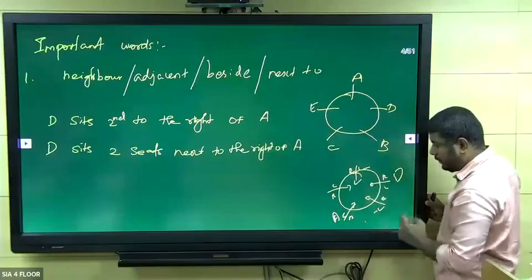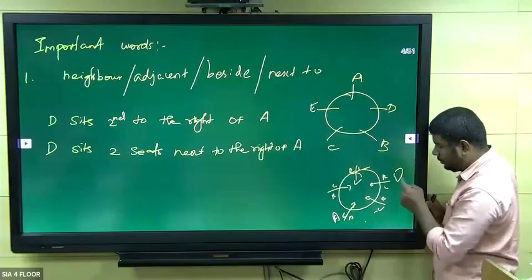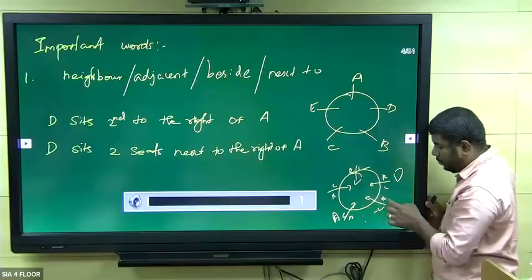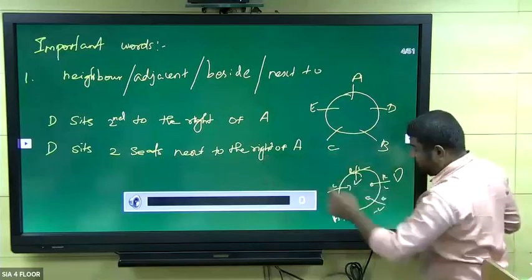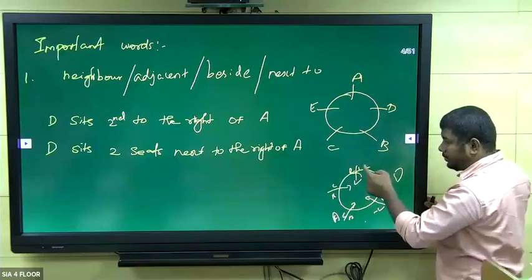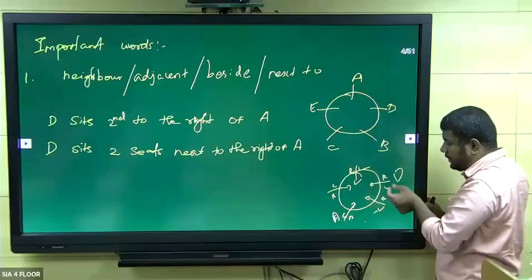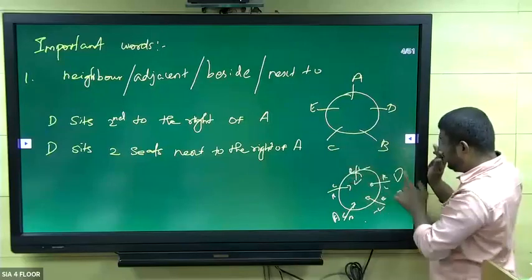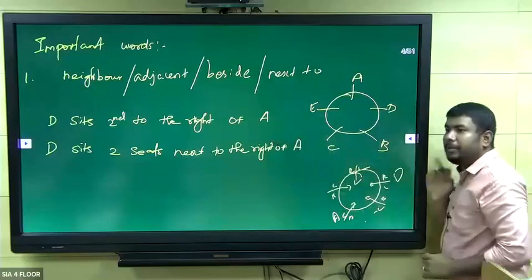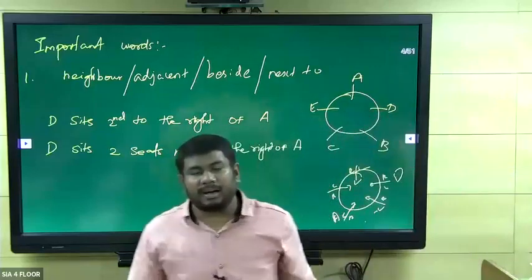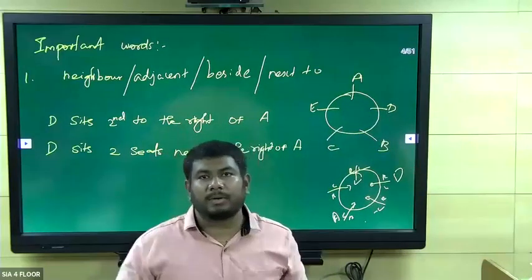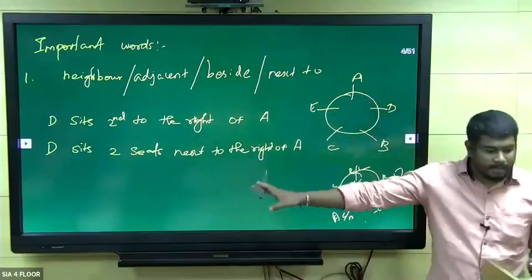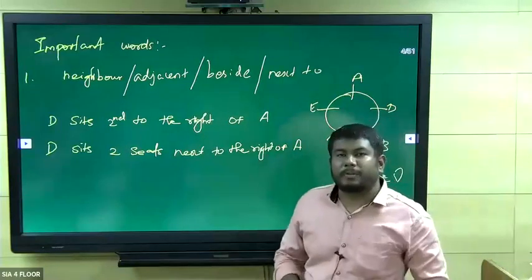Previously, D sat second to the right of A, so we took A here, and 1, 2, second to the right of A. Now, D sits two seats next to the right of A, so 1, 2. D should not come here, D should come here. Both refer to the same meaning. Whether it is second to the right or two seats next to the right, both refer to the same meaning. Don't confuse here. Clear?